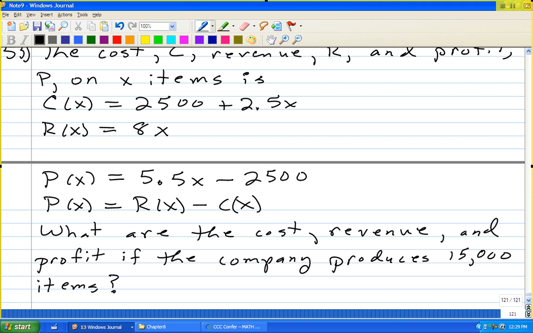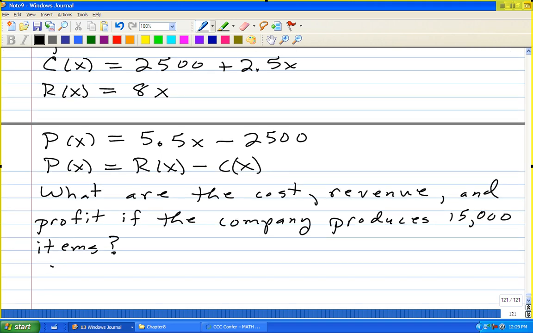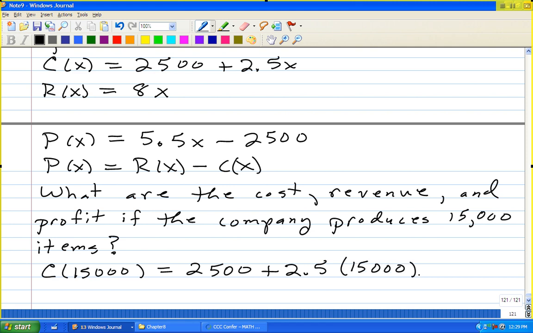Okay, so let's do that. So I want to find the cost of 15,000 items. Well, this is given by 2,500 plus 2.5 times 15,000.